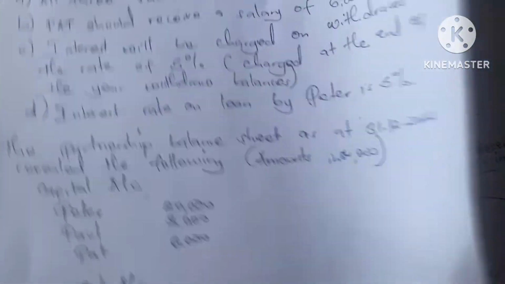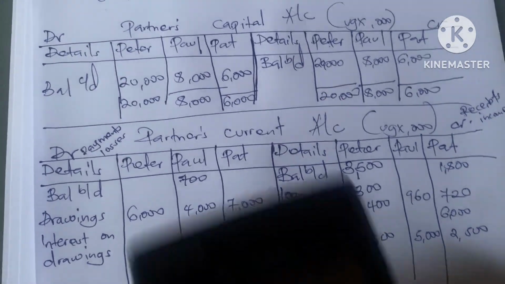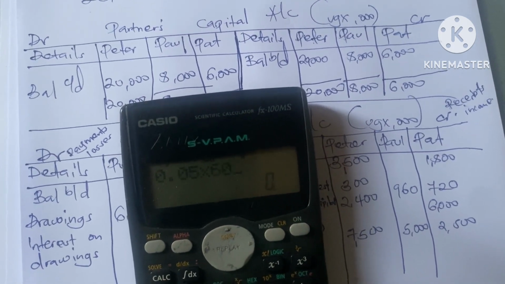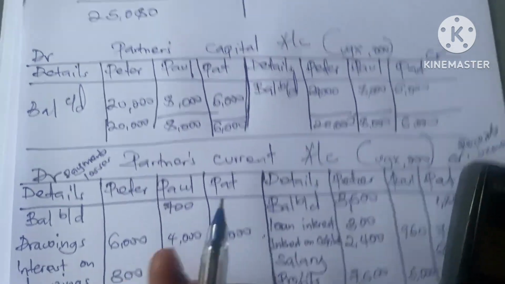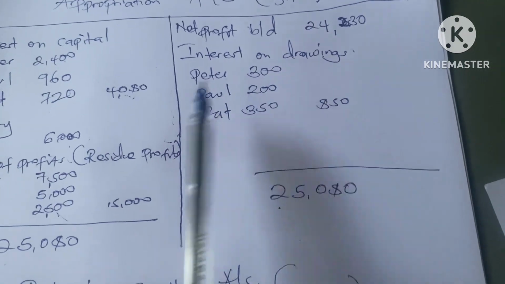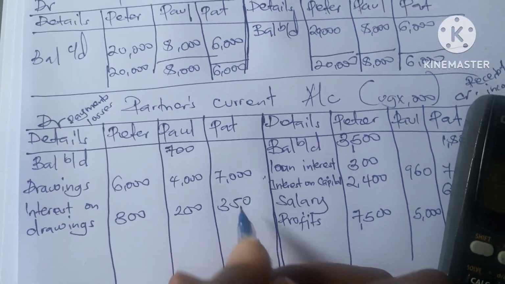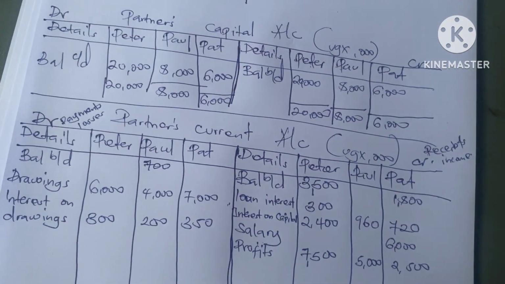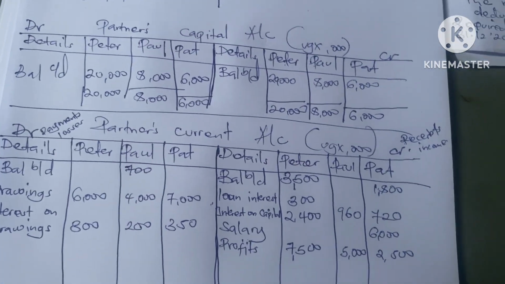So 5% of these for each partner. So 5% of 6,000 is 300. We had already calculated for it here in the appropriation account. 300, 200, 350. So that is it.